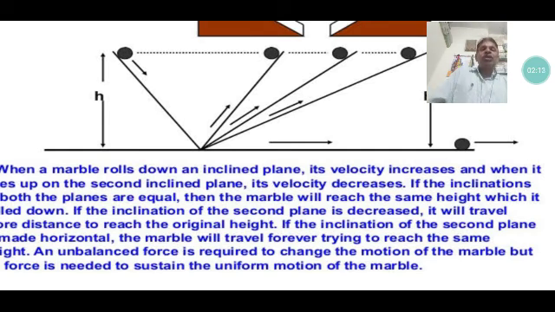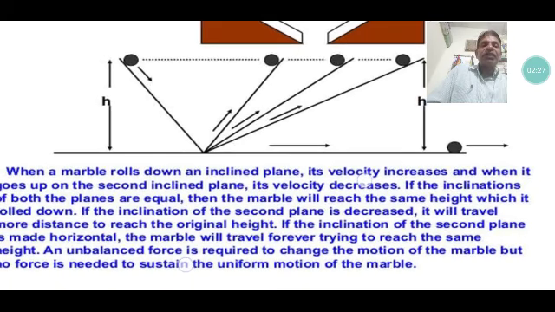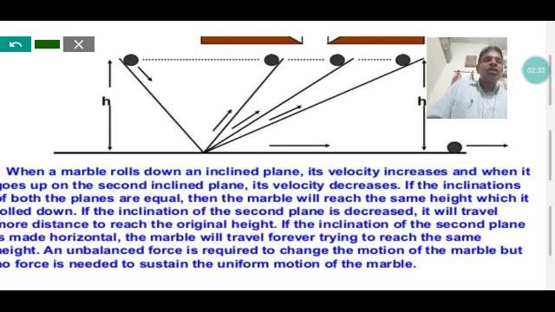When a marble rolls down the inclined plane experimented by Galileo, its velocity increases, and when it goes up the second inclined plane, its velocity decreases. If the inclinations of both planes are equal, then the marble will reach the same height from which it rolled down.